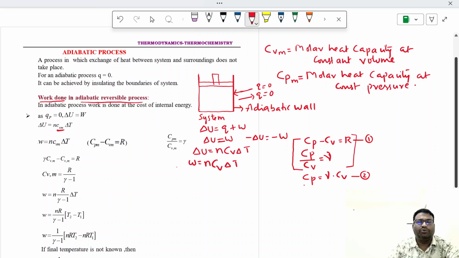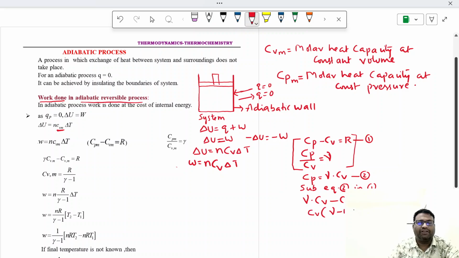Substitute equation 2 in 1. Then what do you get? Cp is equal to gamma into Cv, no? So gamma into Cv minus Cv is equal to R. So let us take Cv common.